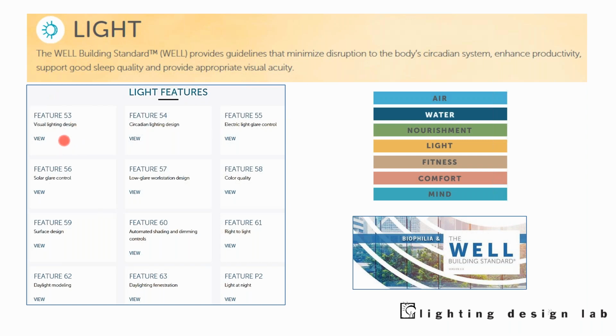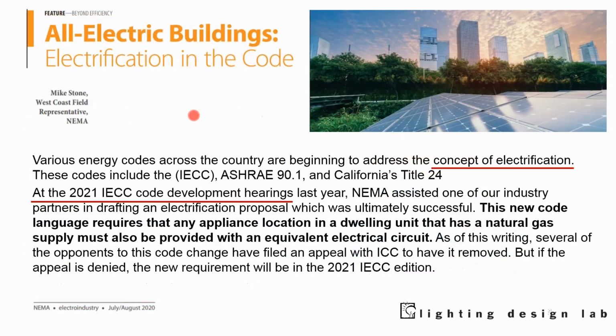And so they have different categories like visual lighting design, circadian design, electric glare control, color quality, right to light, you know, being able to see outside, surface design, etc. So that may be one that you will choose.